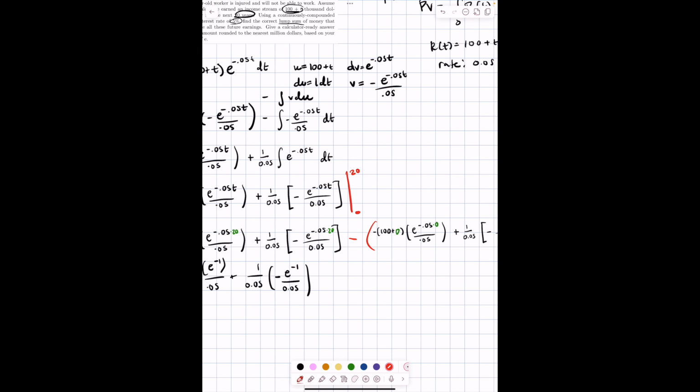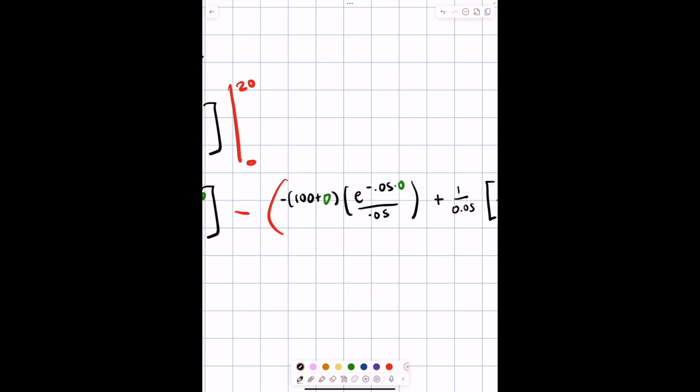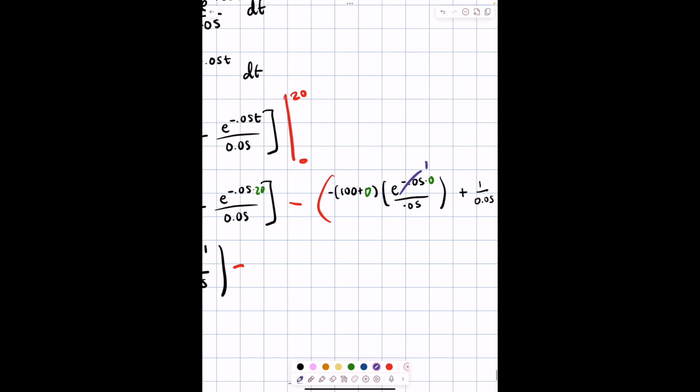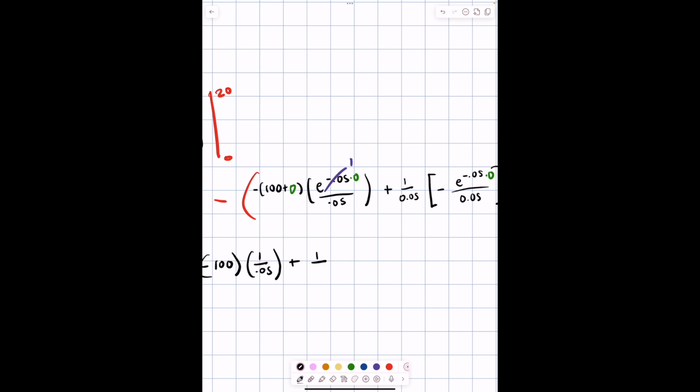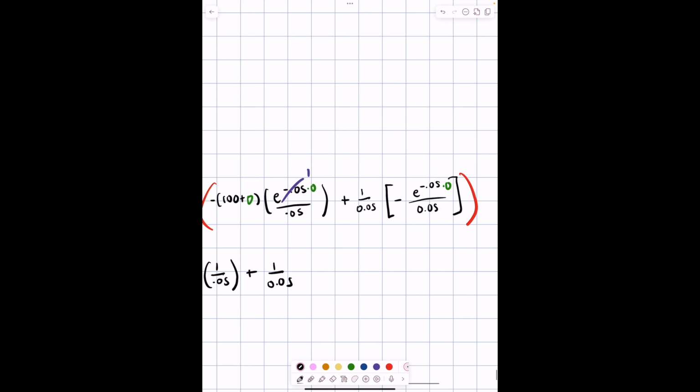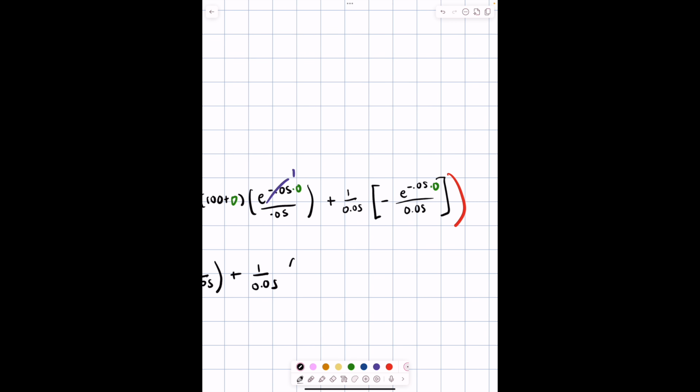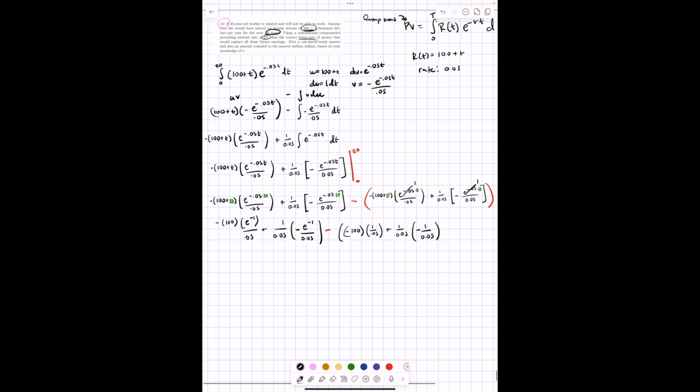Okay, this red negative. But let's see. So this actually becomes 1. So this is just negative 100 times 1 over 0.05, plus 1 over 0.05 times this becomes 1, so negative. Keep simplifying.